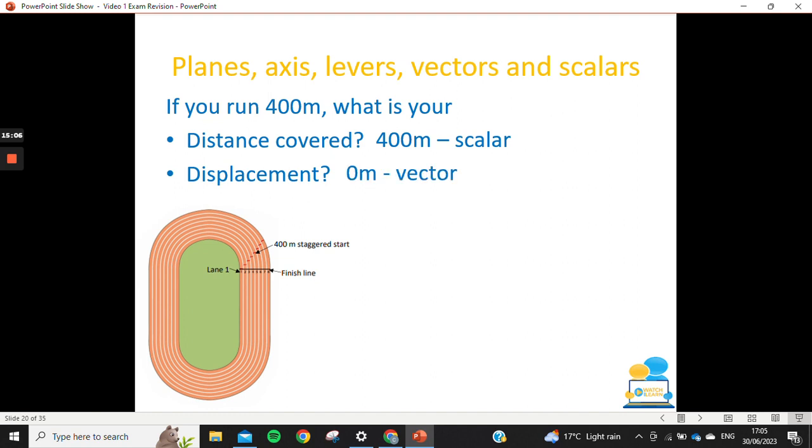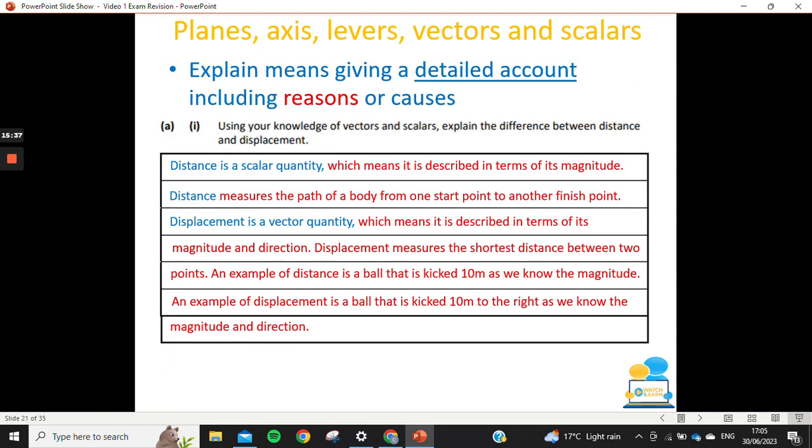The displacement is 0 meters, as this is a vector. So you start at the start line, you run 400 meters, you finish at the start line again. So your overall displacement from where you started is 0. So displacement is a vector. It has to do with the magnitude or the number, and also it has to do with direction as well. So that is why the displacement would be equal to 0.